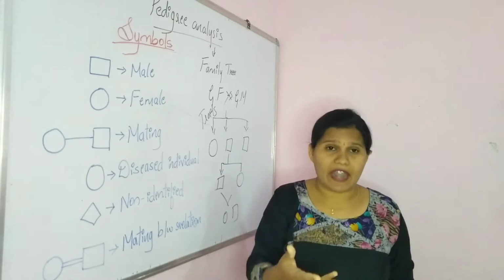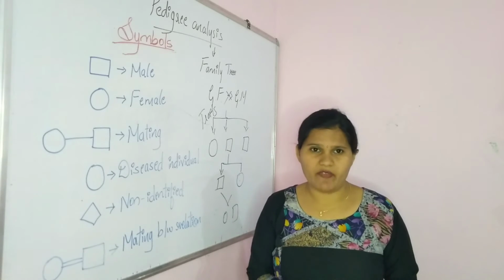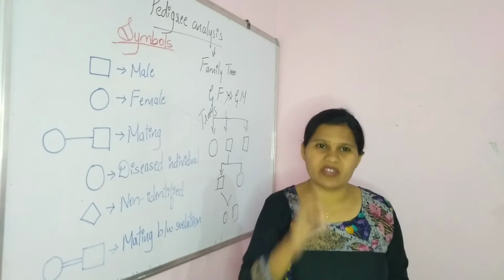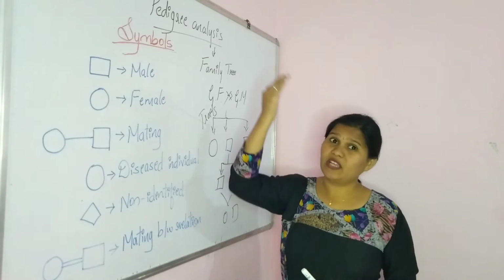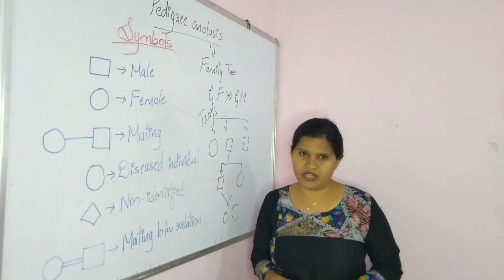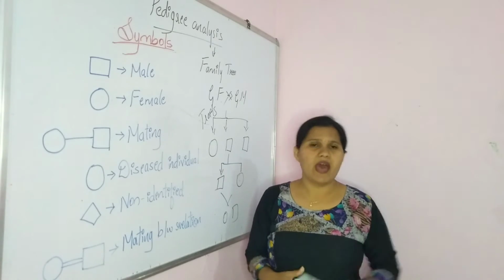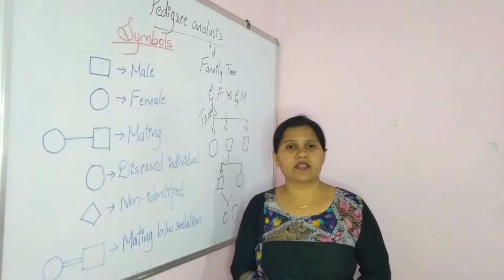Suppose your grandfather has blue eyes, but your parents don't, yet suddenly you have blue eyes. That is a trait which gets passed from generation to generation. It may skip one or two generations, but it will be inherited by one or more upcoming generations. So this is called pedigree analysis.